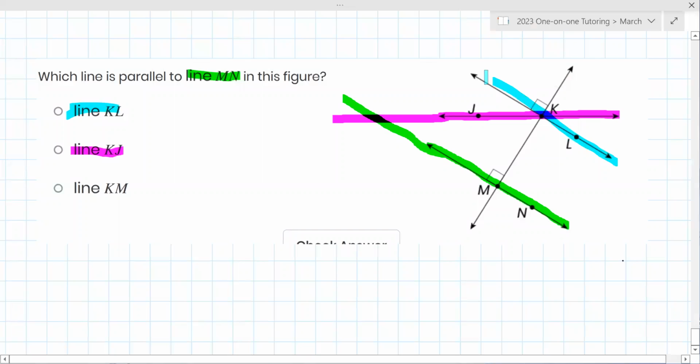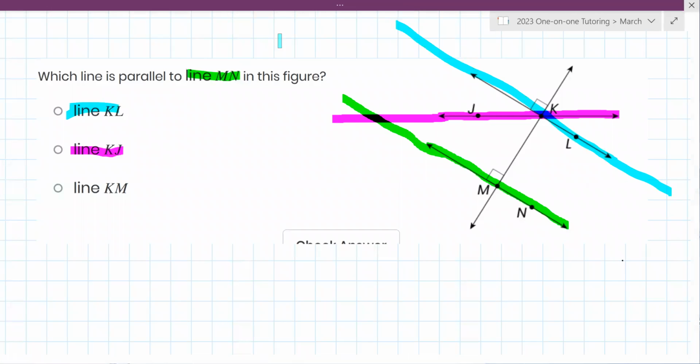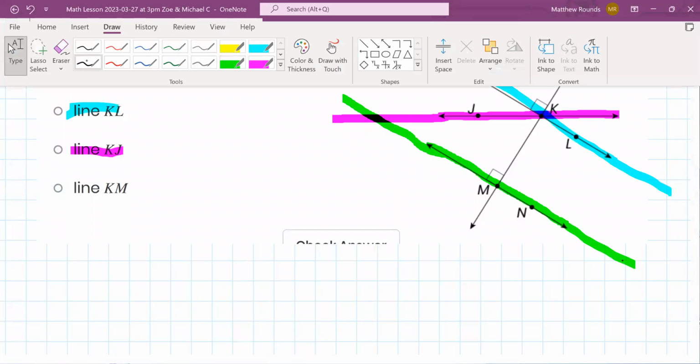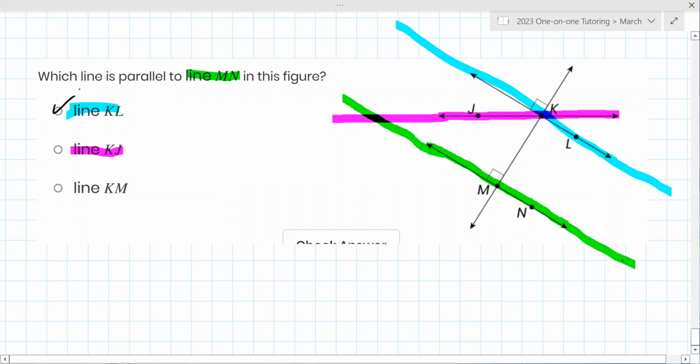So here we are. Keep going. Are those going to intersect? No. No, they don't look like it. It's just like in a game. If you're running this way and the other guy's running this way, you guys never intersect. Okay. Yeah, so that's the correct answer there. Good. Hopefully that's now clear.